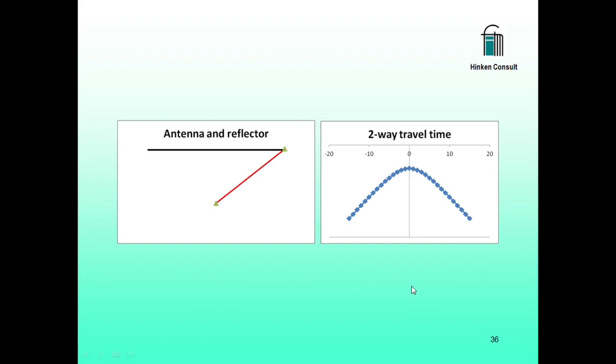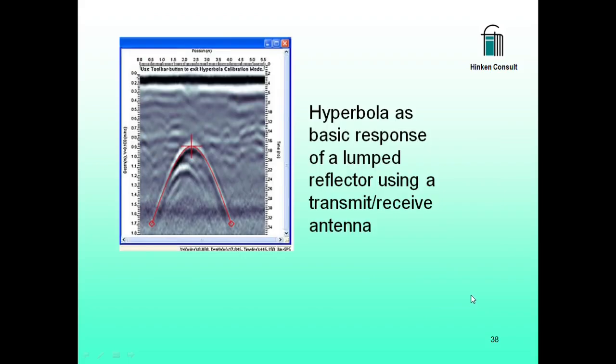The curve which emerges here is a so-called hyperbola. We see it here in principle, and in practice we see it here, measured with a GPR instrument. Here we see also a horizontal line. This can be caused by a surface between two different ground materials.